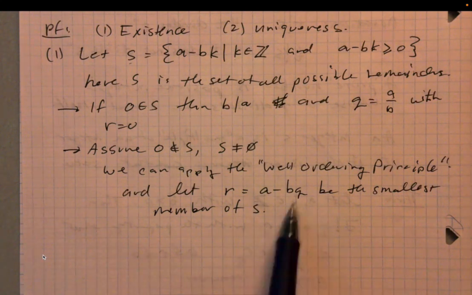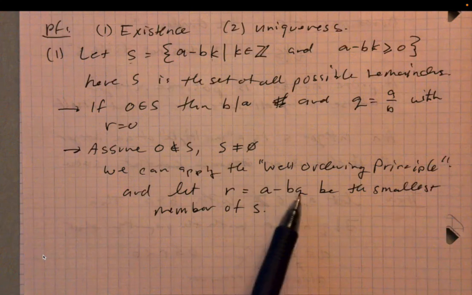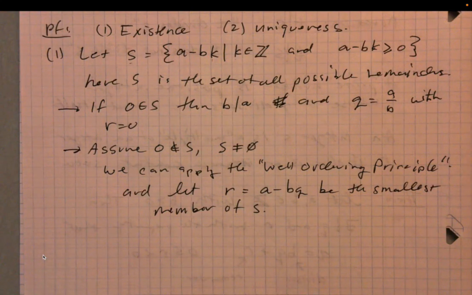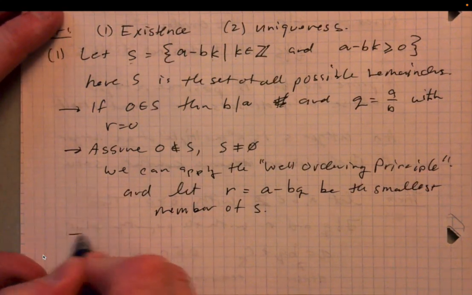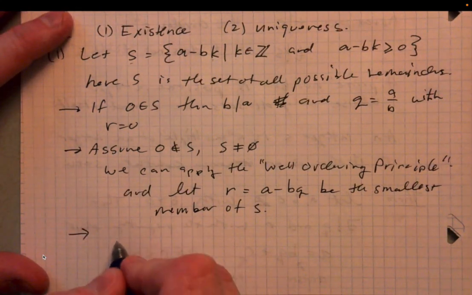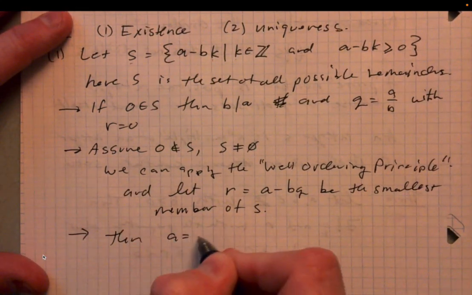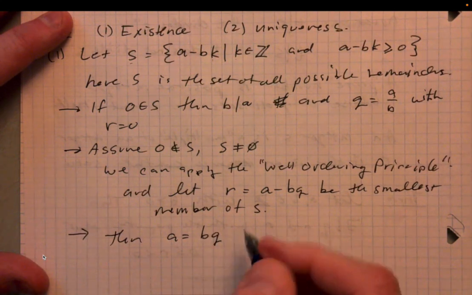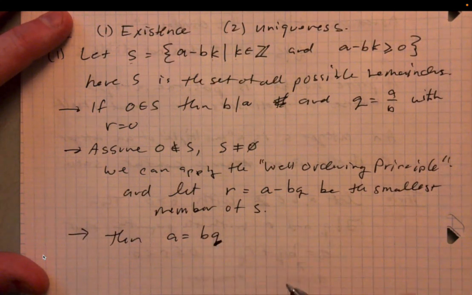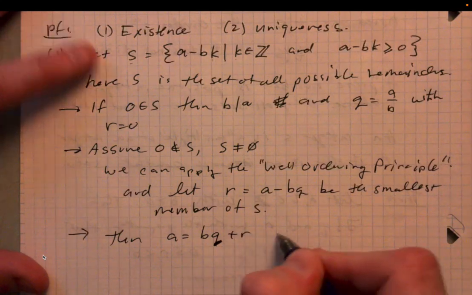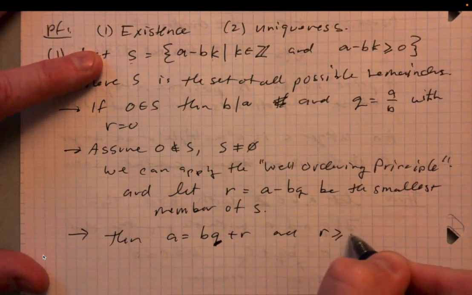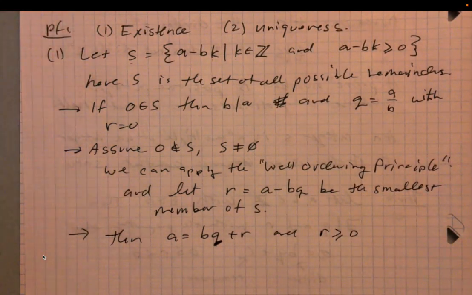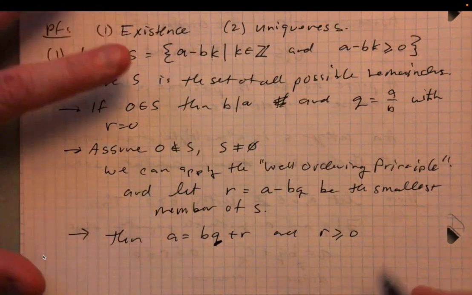Okay, so we're fixing this K as some Q now. Given this, A is equal to B times Q plus R, and R we know is greater than or equal to 0. So what do we need to show?